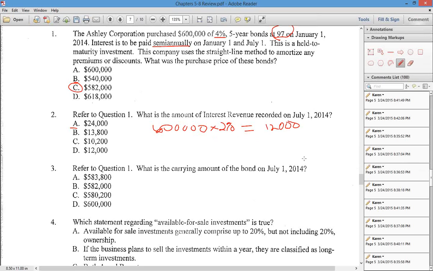This is one that I think would be easy to miss too. We had an $18,000 discount. That comes from the fact that we paid the 97%, so we paid $582,000 for the $600,000 bonds.